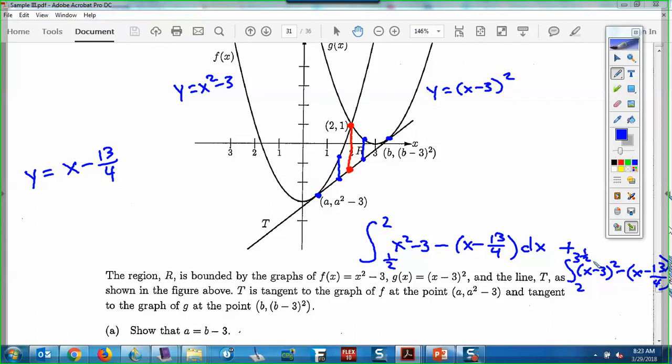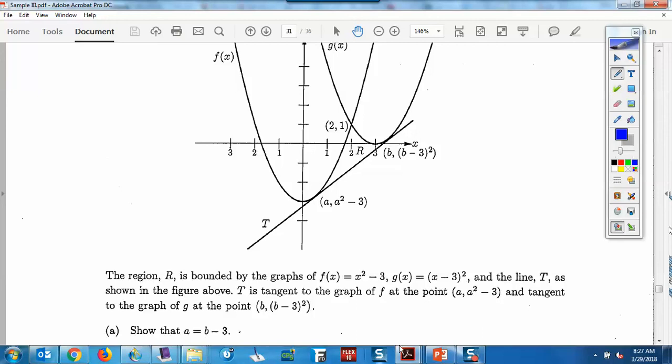So that integral goes from 2 to 3.5. Set up but do not evaluate is something they often do when it's a no calculator problem, because that's the most important part, right? And if we're doing a calculator problem, they want an area, then you just type it in. So top minus bottom, add them up, get the area.